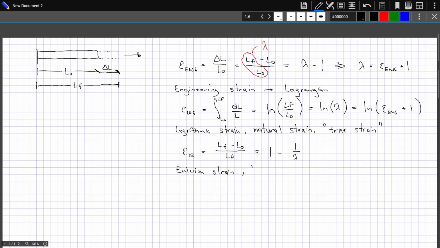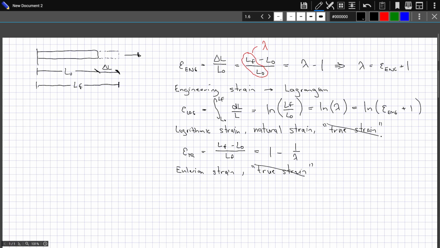Or again, sometimes in computational literature, you'll see this as the true strain. Because of that confusion, I just don't like those terms. So I would prefer to call this the logarithmic strain and this the Eulerian strain. Okay. But again, because I can solve for lambda, I can plug in the engineering strain there, rearrange the equation, and I have an equation for that.